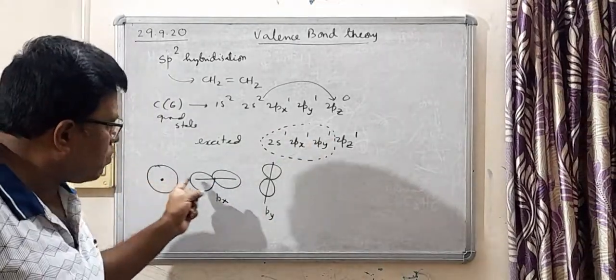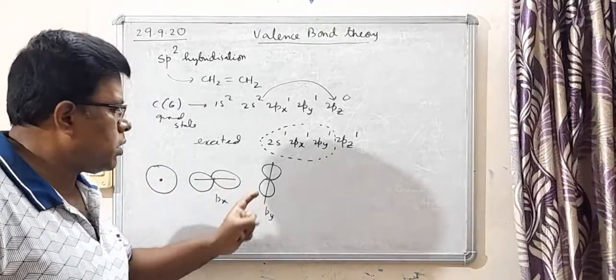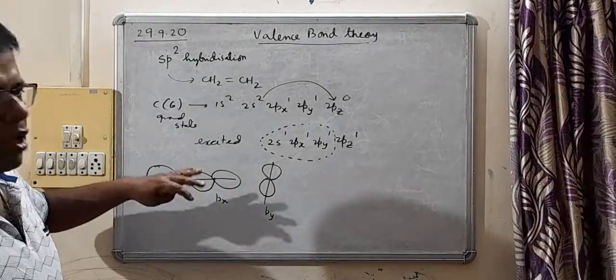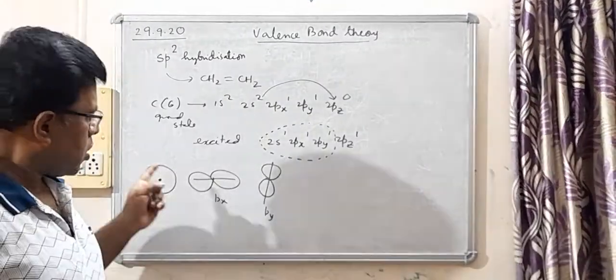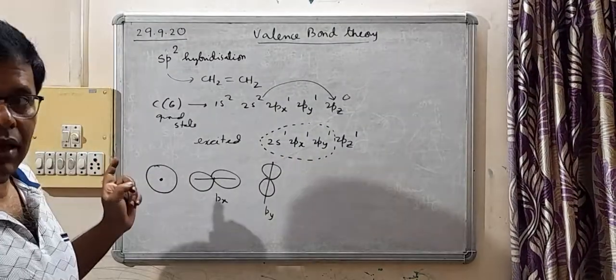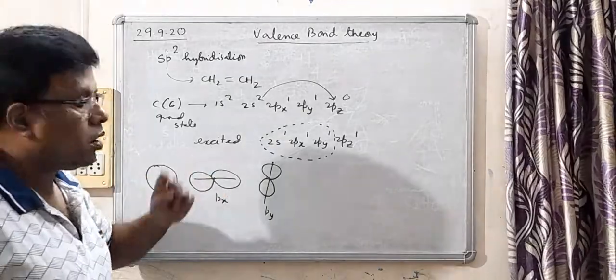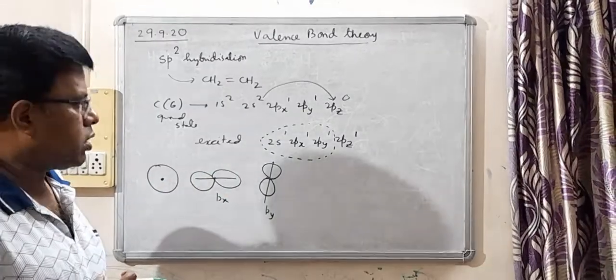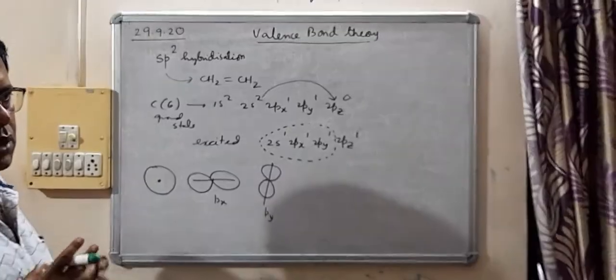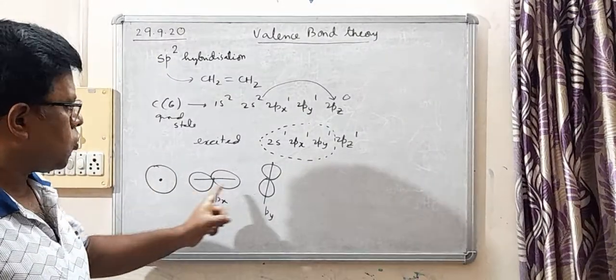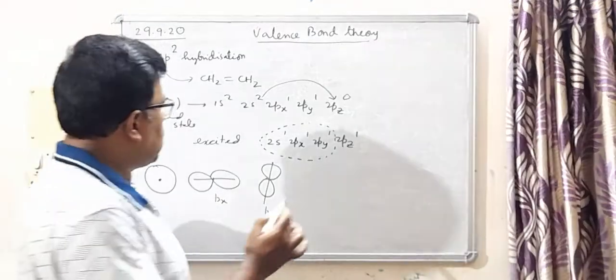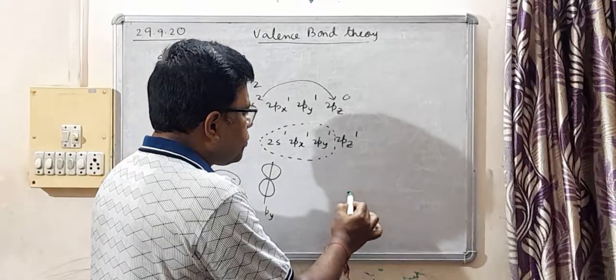So on mixing, three orbitals mix and they form three new orbitals. The angle between these three new orbitals will be 120 degrees, so that stability is maximum. Those three orbitals I am drawing.